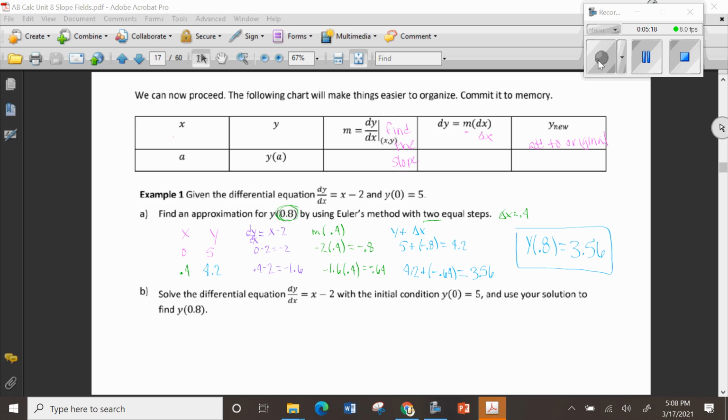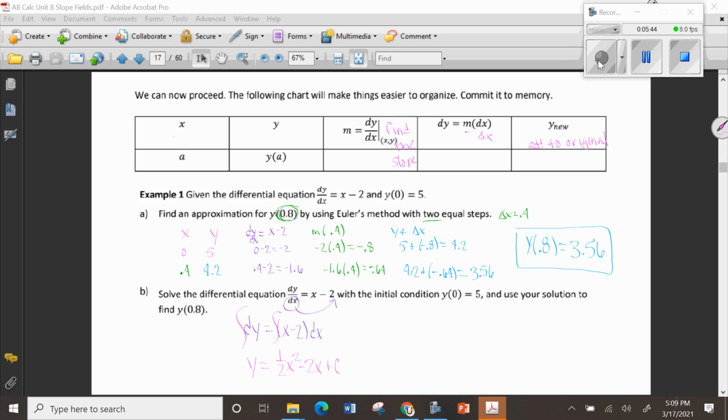All right, step B says to actually solve this differential equation, so we'll look at how close we were when we solve it. We'll move dx over, so I have dy equals x minus 2 dx. We're going to integrate both those pieces. I'm going to get y equals 1/2 x squared minus 2x plus c.